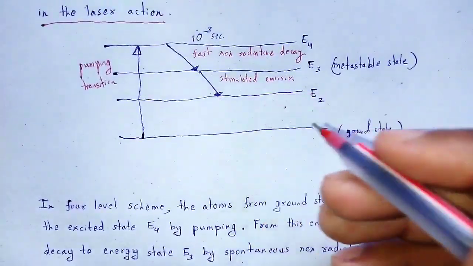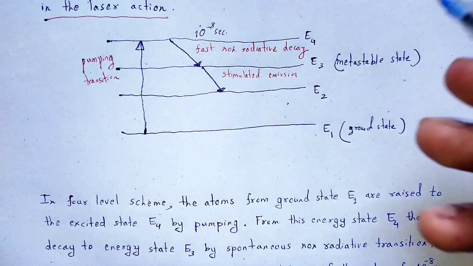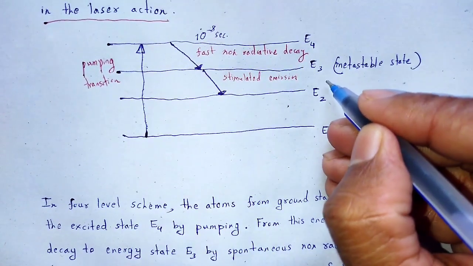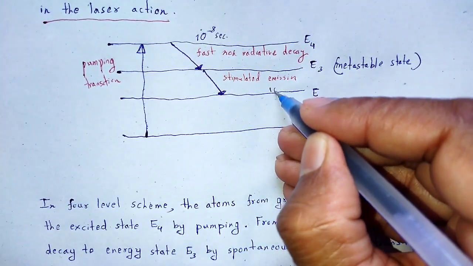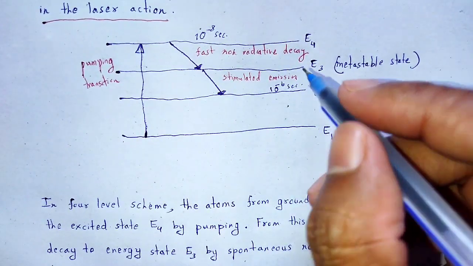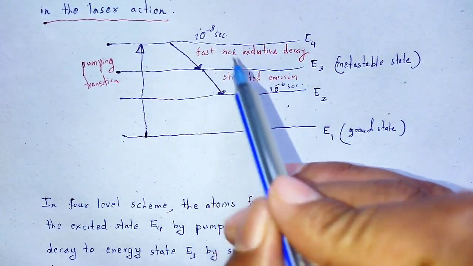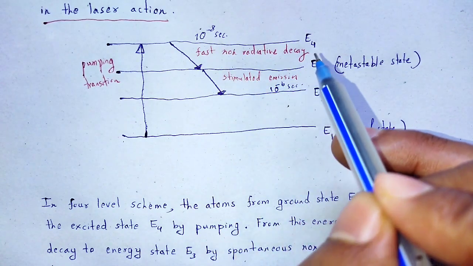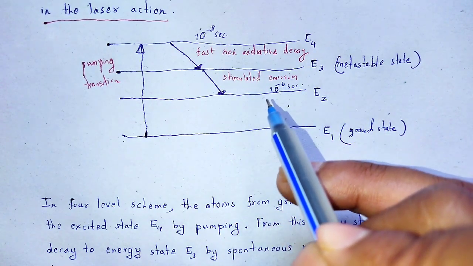From E3 to E2 it requires 10 to the power minus 6 second. Therefore, there is a huge time gap between these two transitions.